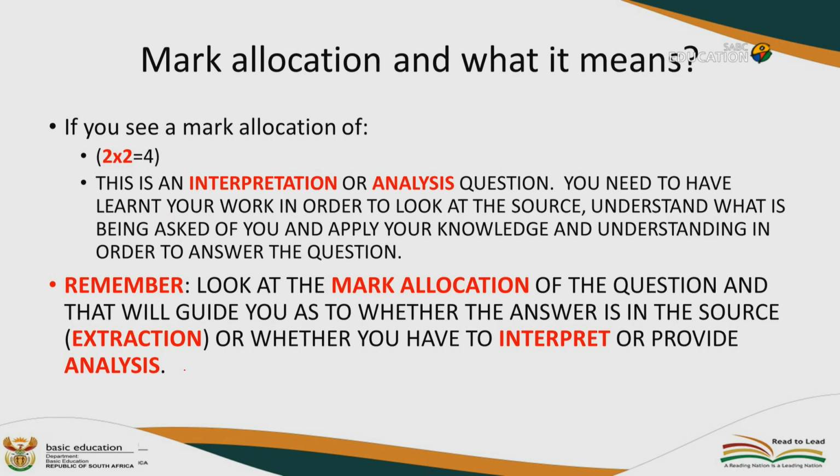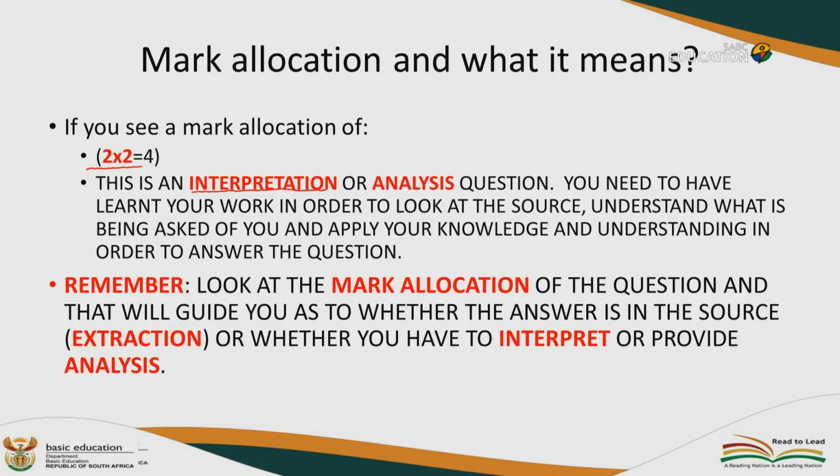Right. If you see this one that says 2 times 2, know that the level is no longer according to the source. The level has gone higher. You must now interpret. It means you have to think the answer out. You cannot think the answer out if you do not have content.